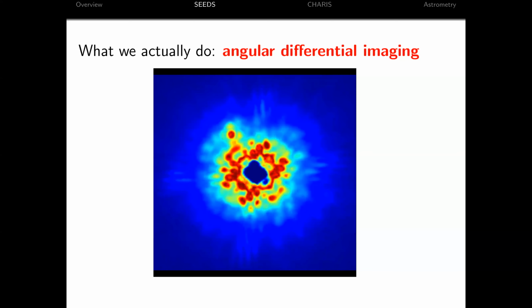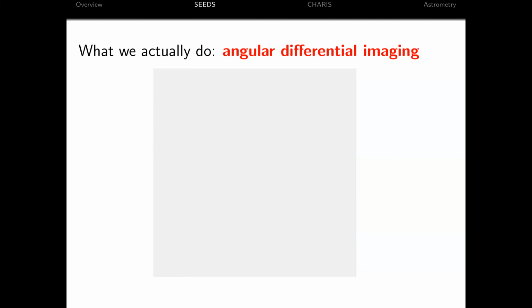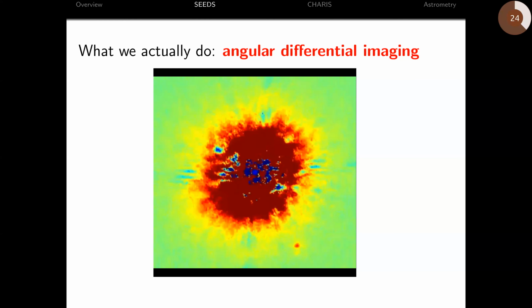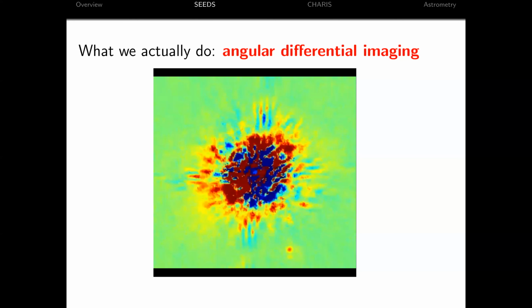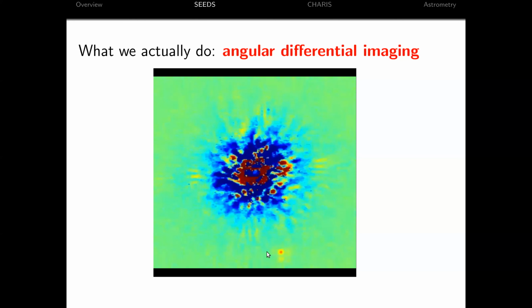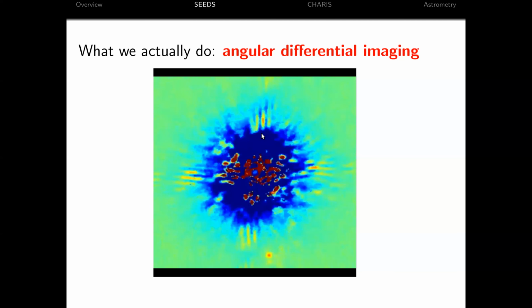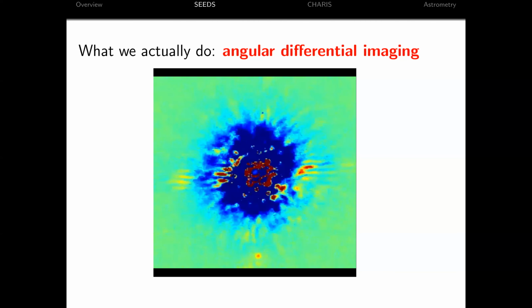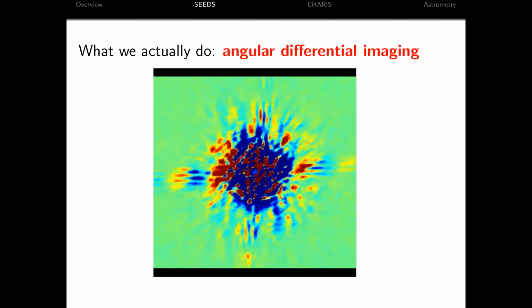I can keep going and try to do this for a fainter companion. This is real data for a faint star next to a bright star. If I do this, now making up some fake data for a fainter planet, you can maybe see it down here. And I've subtracted off the average starlight, so you're seeing how it dances around.